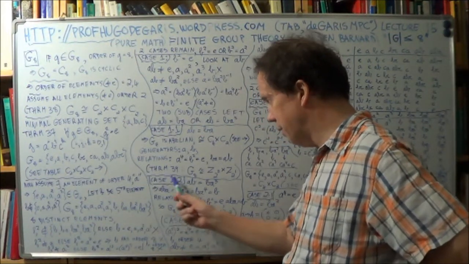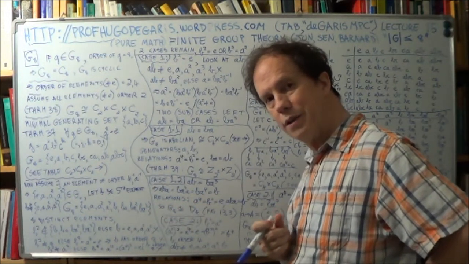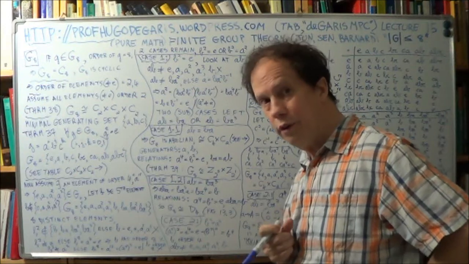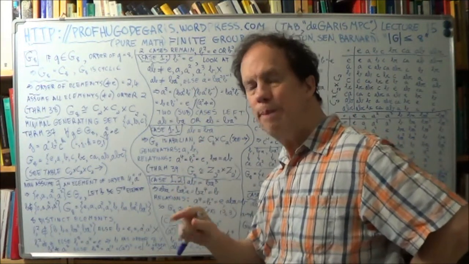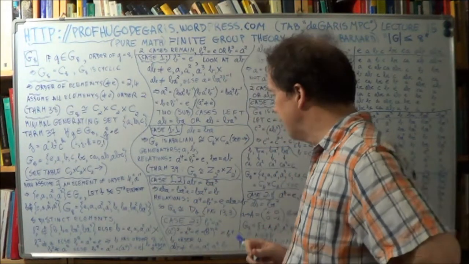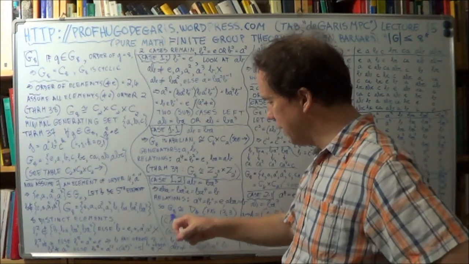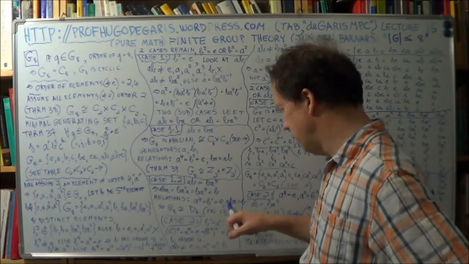Well, we're talking about a group of order 8. What dihedral group has order 8? Well, D4, right? Remember, in general, if you have a dihedral group Dn, the order of that group is 2n. Okay? So the group is order 8, and this presentation we've seen before.